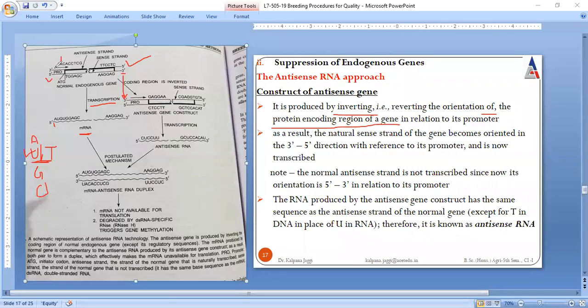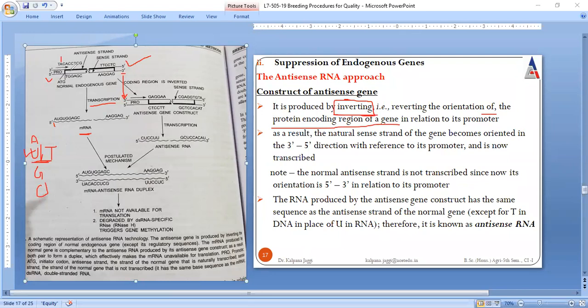So if 3' is here, then opposite is going to be 5', and in this way the whole sequence is also changed. This is how the antisense gene is constructed. The one word you need to remember is that it is constructed by inverting the orientation.